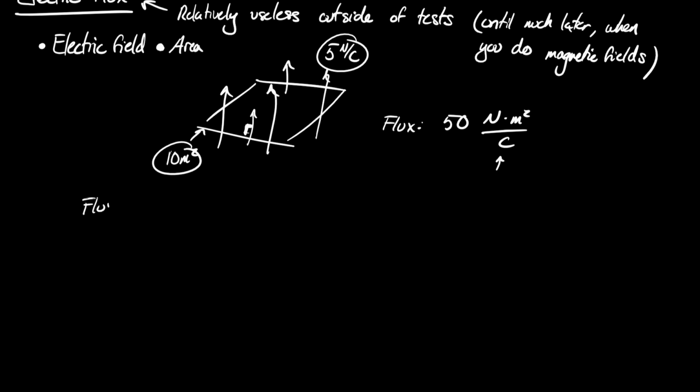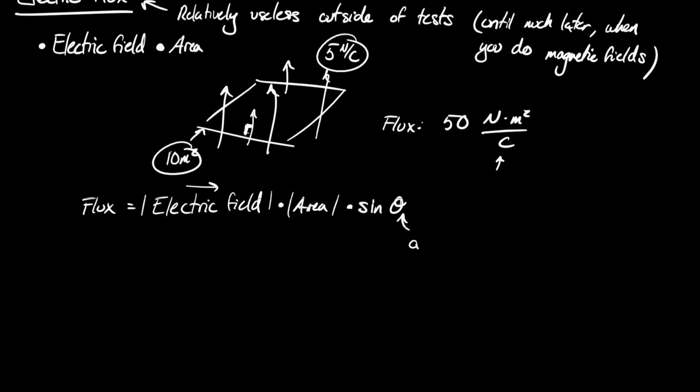So flux will equal, I'll explain this equation with an example in a second, the electric field times the size of the area that the thing is going through times the sine of the angle between the electric field and the surface perpendicular.